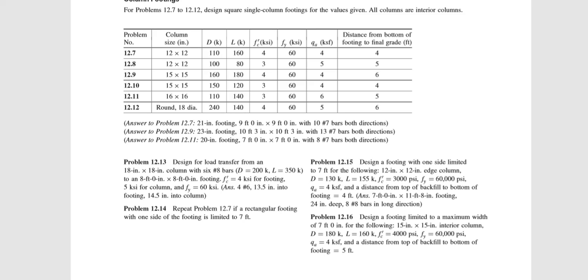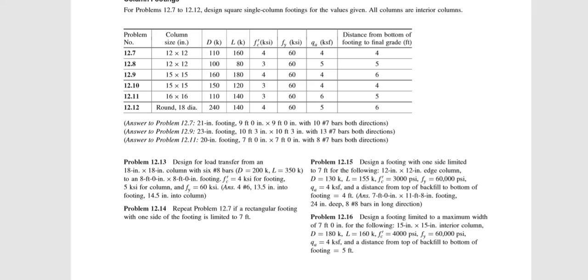The column is a 12 inch by 12 inch square column, dead load 100, live load 80 kip, f'c 3000 psi or 3 ksi, and fy 60. qa, the allowable soil pressure, the amount of pressure soil can give to my foundation, is 5 ksf, that means 5000 pounds per square feet.